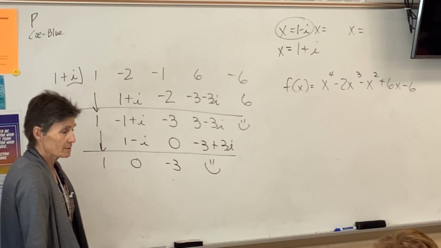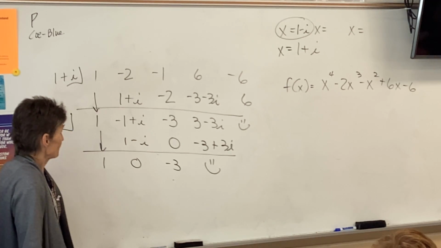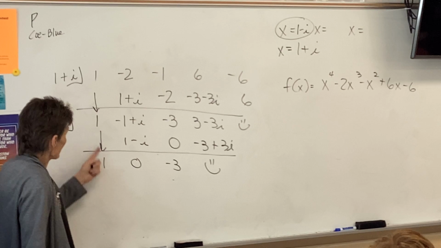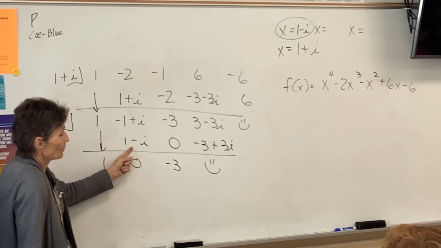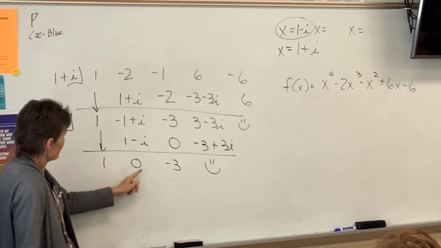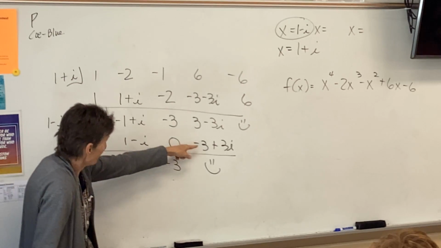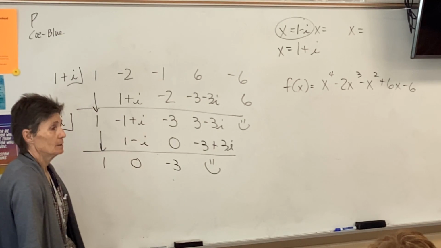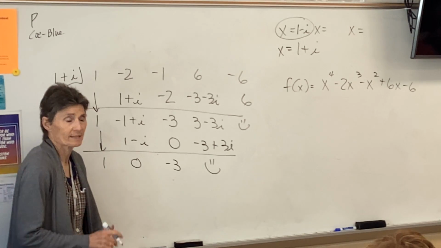That was a lot easier. So I drop my 1 down, I multiply with the answer here and add it. Multiply, add it, multiply, add it. So what's left? After all that, what's left?